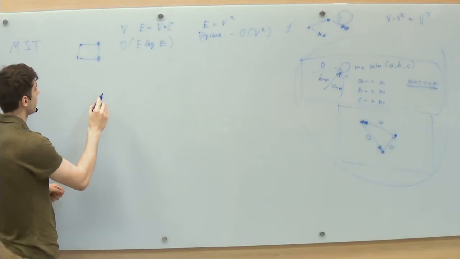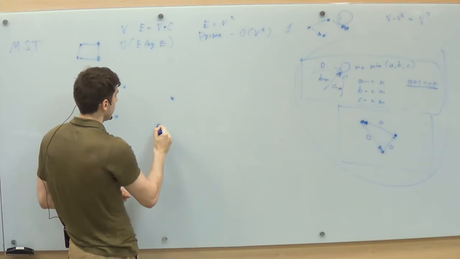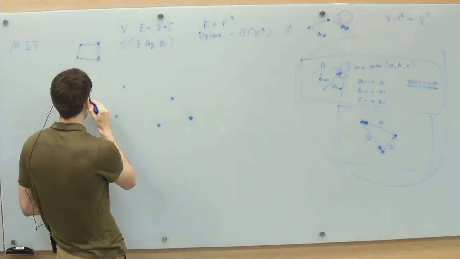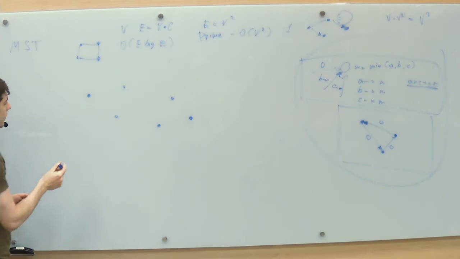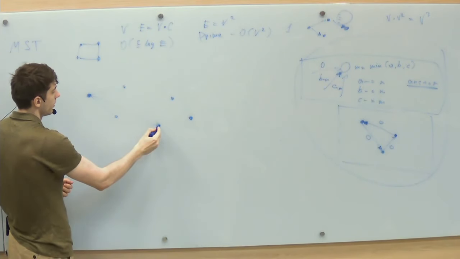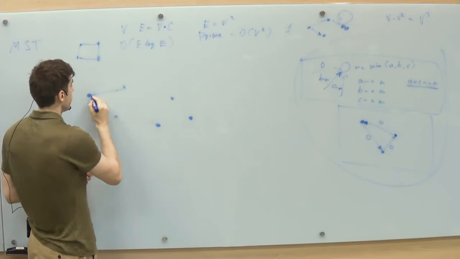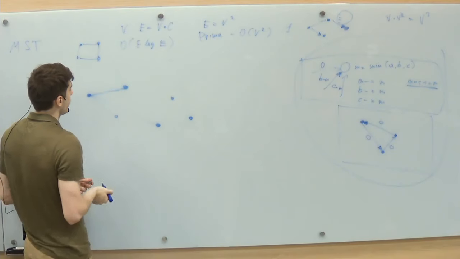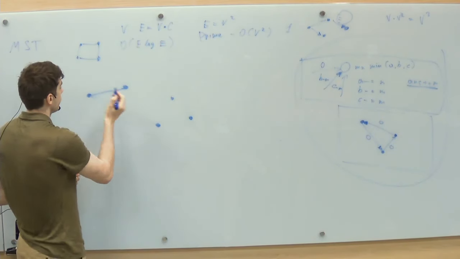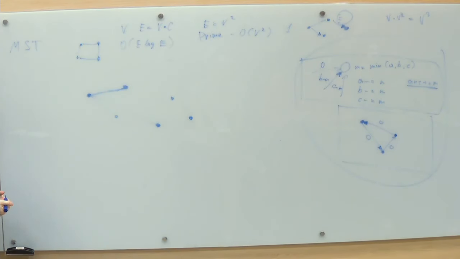The algorithm works in the following way. We have several vertices, and we state that for any vertex, if we consider all edges adjacent to this vertex and we pick the edge with the smallest weight, we can always use this edge to build a minimal spanning tree, including this edge.